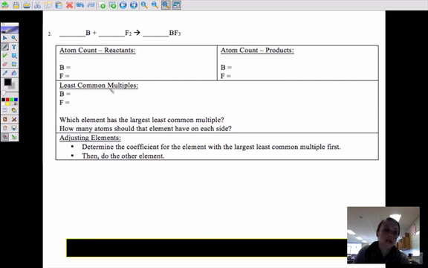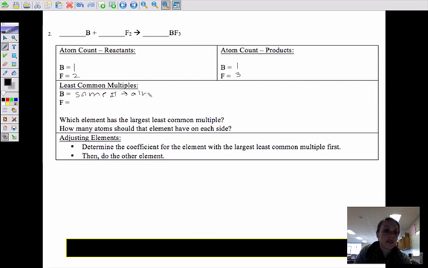This is the last one we're going to do together. So let's do the atom count. On the left, I have 1 atom of boron and 2 atoms of fluorine. On the right, I have 1 atom of boron and 3 atoms of fluorine. So obviously fluorine is out of whack, but we're going to do the least common multiples anyway. So boron, same number.